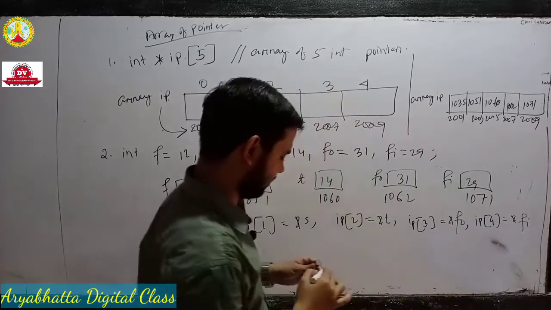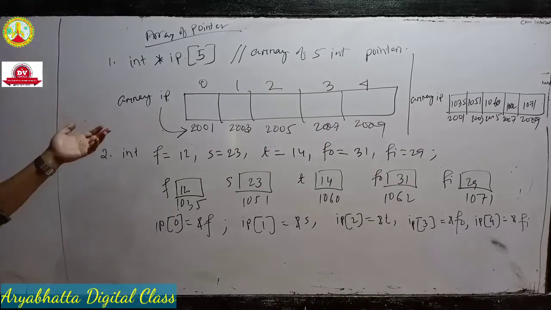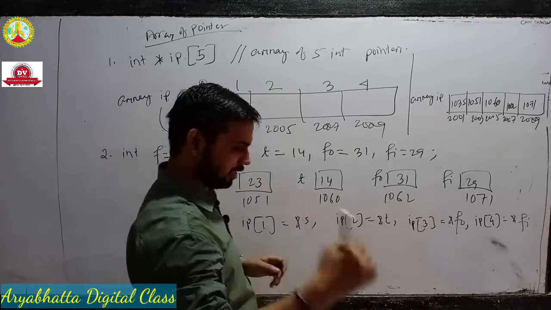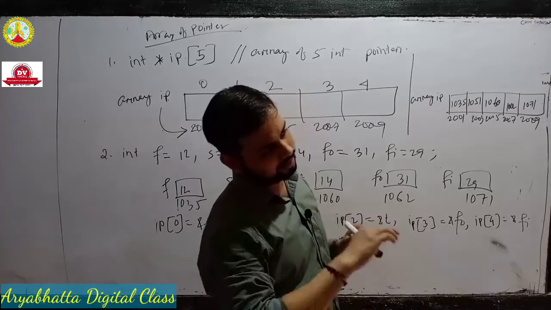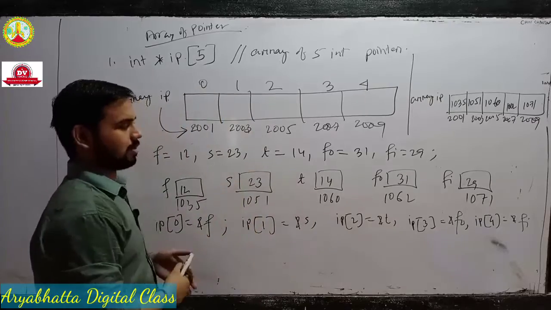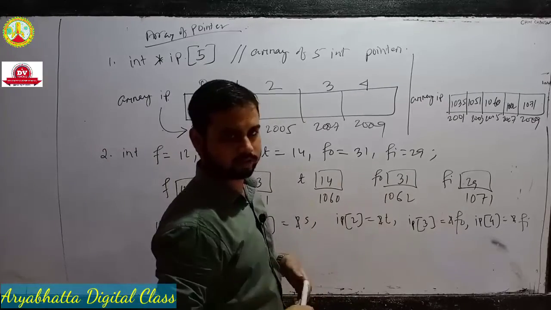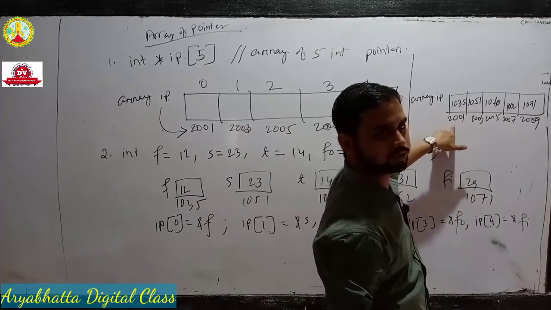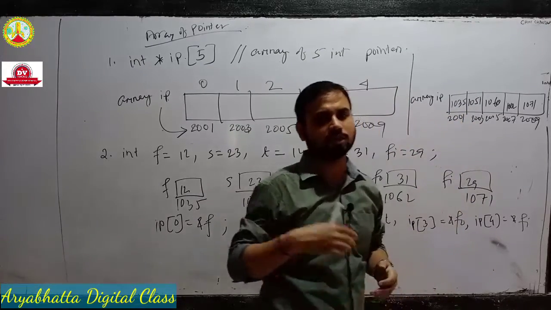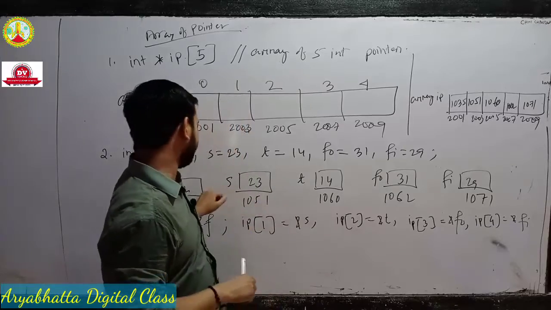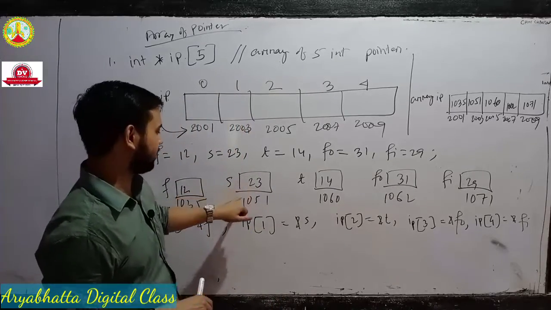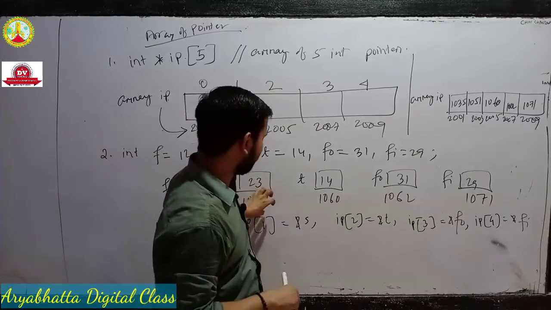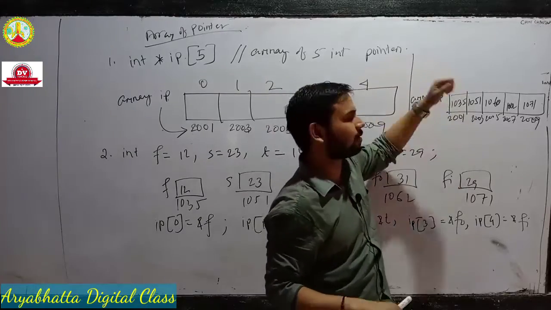If you notice, this array of pointers means its element is the memory address of some other variable, and this memory address also has a memory address. Everything in the computer has one unique memory address. This variable has a memory address, and this memory address has another memory address.